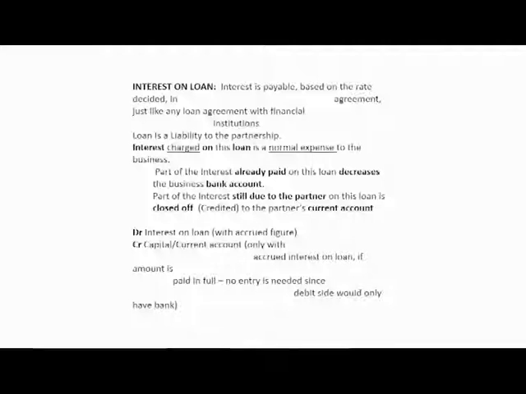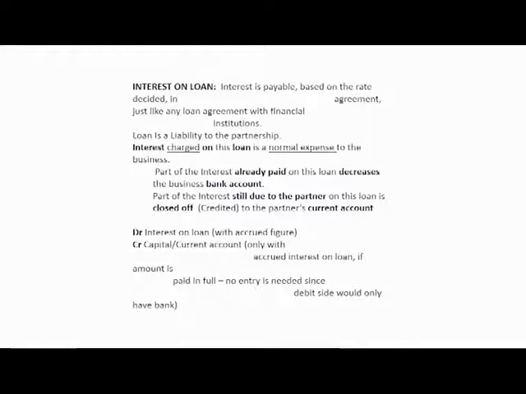Salaries: partners spending more money, more time working in the business or having more responsibility are compensated for this by giving them a salary, and then salary is going to be debited, and the capital current account is going to be credited. Interest on loans. Say for example, one of the partners lent money to the business.